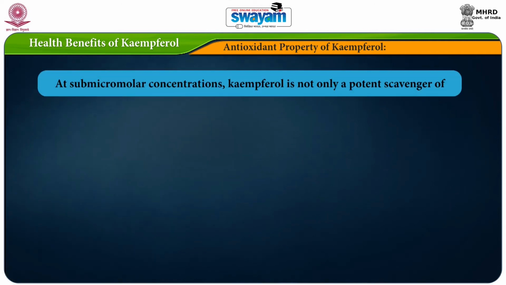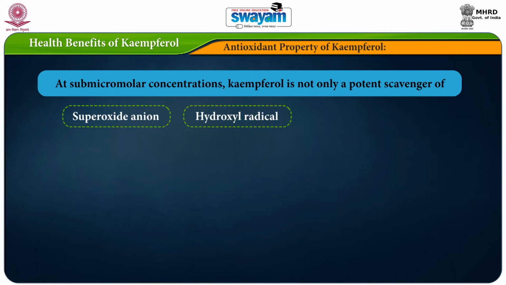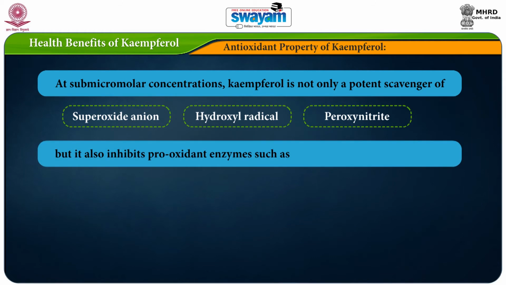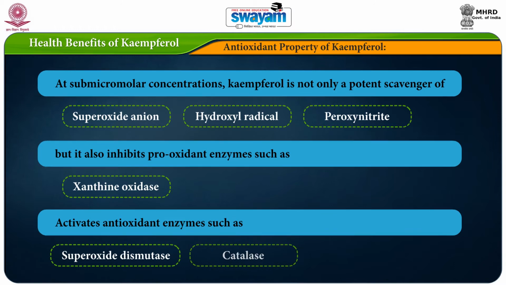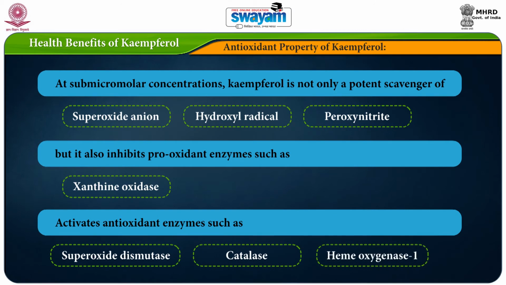At submicromolar concentration, kaempferol is not only a potent scavenger of superoxide anion, hydroxyl radical and peroxynitrite, but it also inhibits pro-oxidant enzymes such as xanthine oxidase and activates antioxidant enzymes such as superoxide dismutase, catalase and heme oxygenase 1.